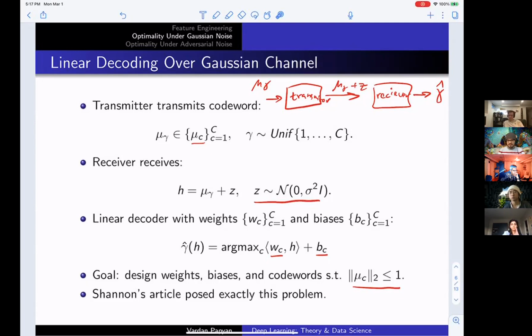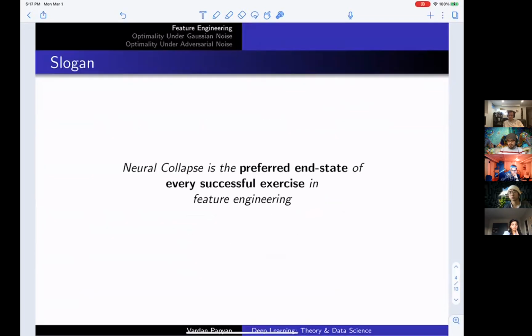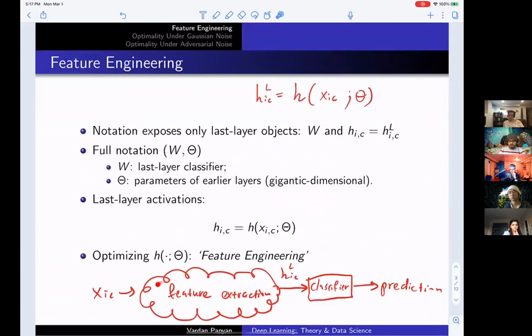So the idea here is that imagine that you have a very, very powerful feature extraction process that is capable of representing any H's that you might have, but it's only strong enough to find the means. It cannot change the variance. So basically, your feature engineering can design the mu-Cs, and you can also train the classifiers W, and the biases, right?